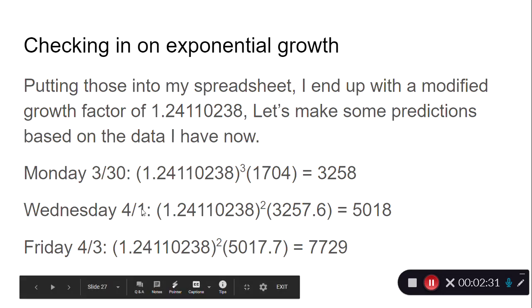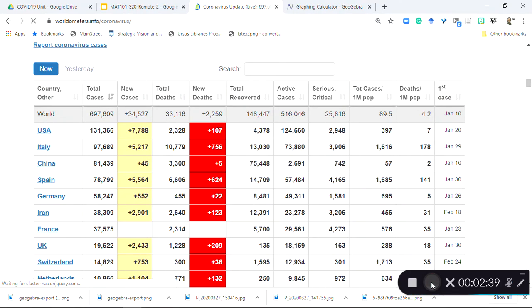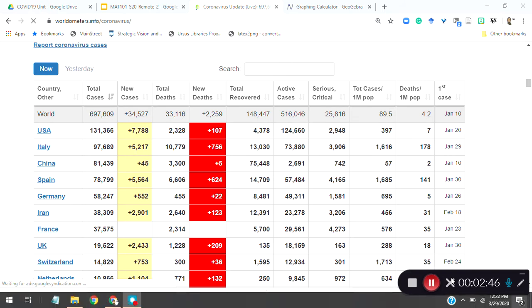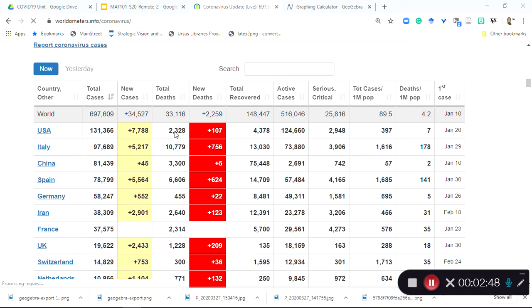The Wednesday prediction, 5,000, and then Friday, 7,700. So this popped over to Worldometers. Right now, this is Sunday the 29th, and we're at 2,328.